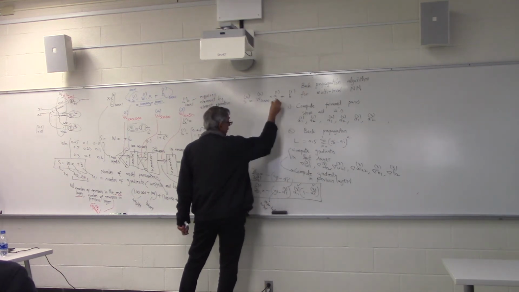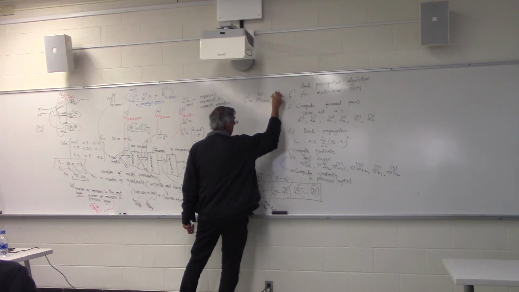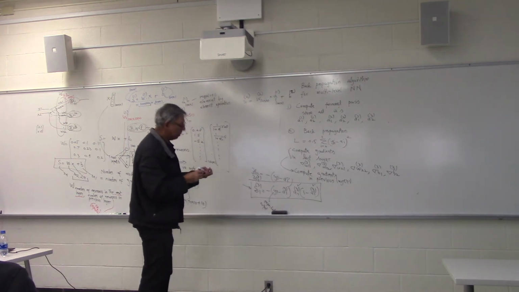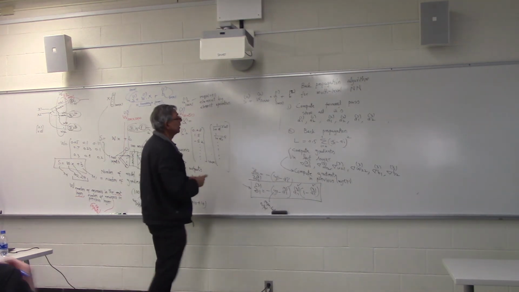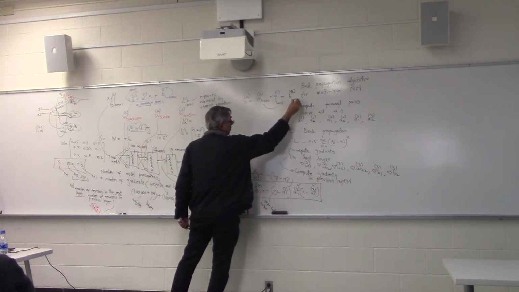What's the size of this B of 2? Is there any problem in computing this? 50 by 1.